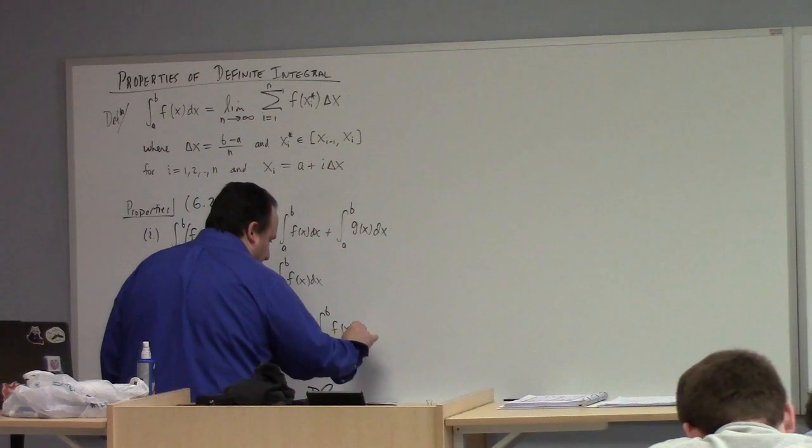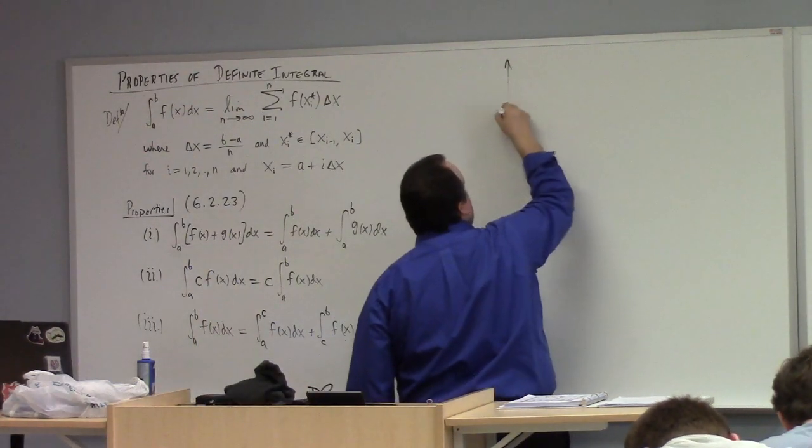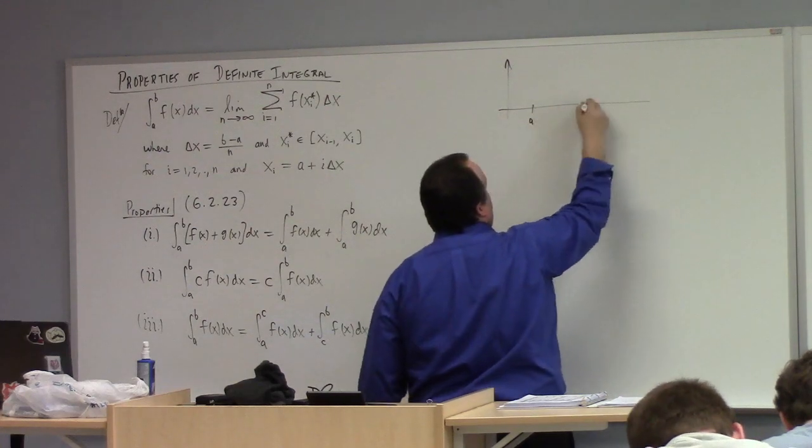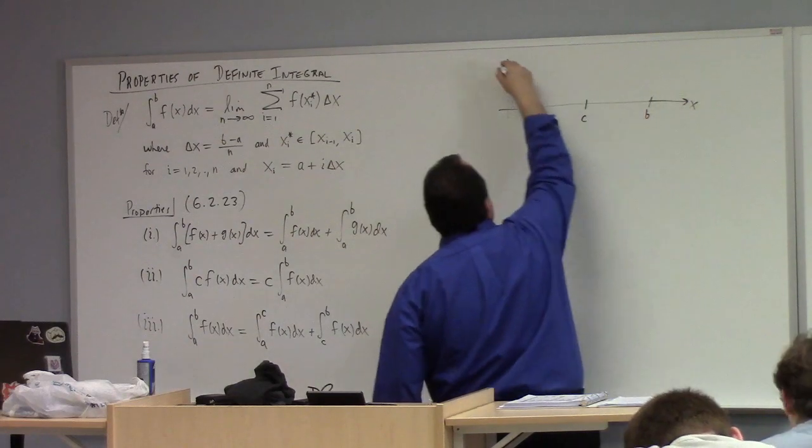I'll draw a picture for this one. So what this property 3 is saying is if we've got a and then c and then b, like so, right?